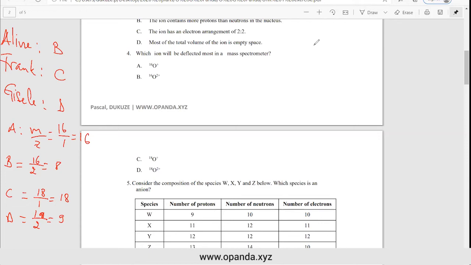Now I can add something. Think about if you have particles and there is a force pushing them. The particle which is heavier and the particle which is lighter, which one is going to be pushed easily? The magnetic field is there to deflect particles. If the magnetic field is applied, which particle will be deflected more easily, the heavier one or the lighter one?